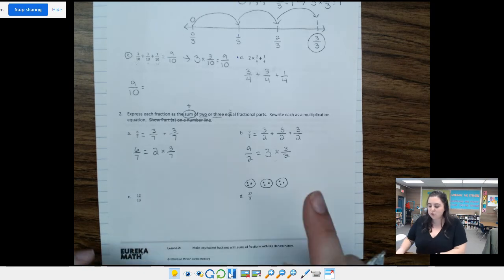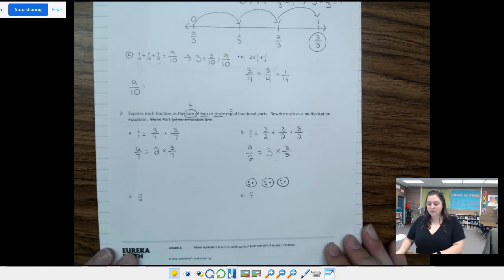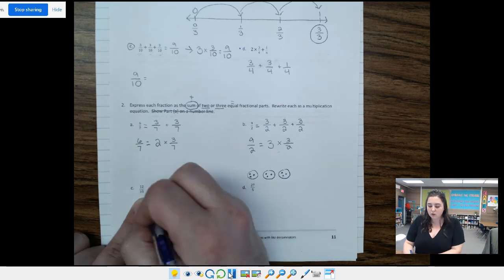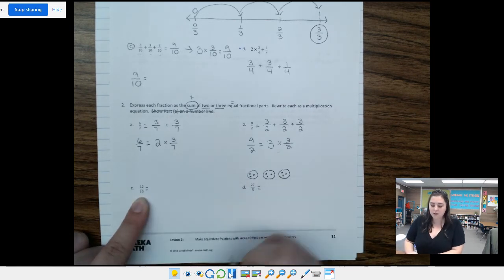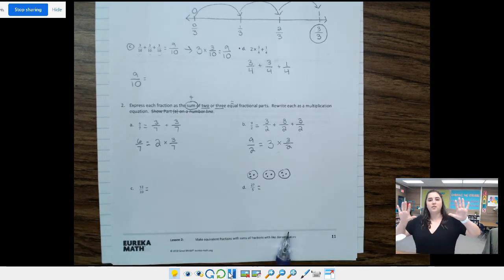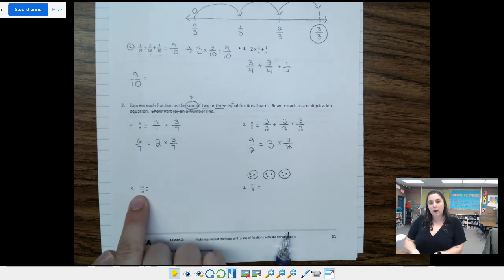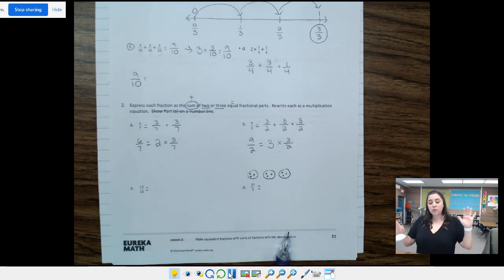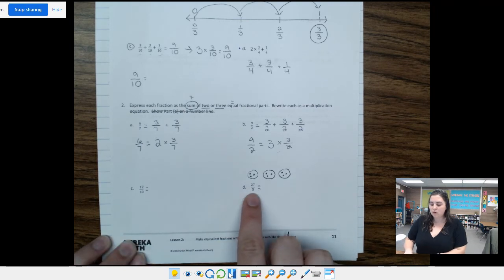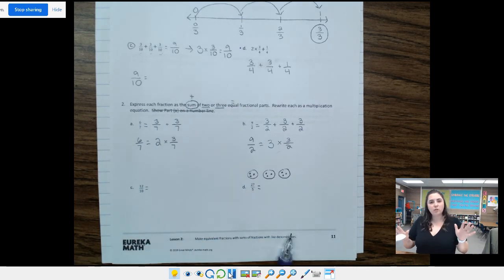Okay, I want you to pause the video, and I want you to try and solve these two. Unfortunately, I don't have 12 fingers, but could you break 12 into 2 equal groups? Or could you break it into 3 equal groups? And what about the 27? Could you break that into 2 equal groups?